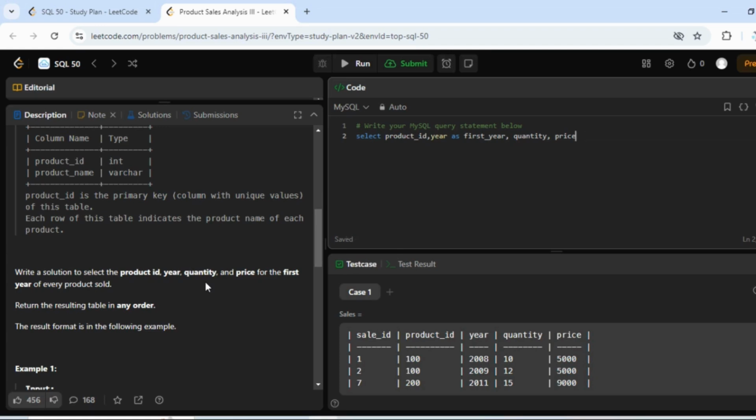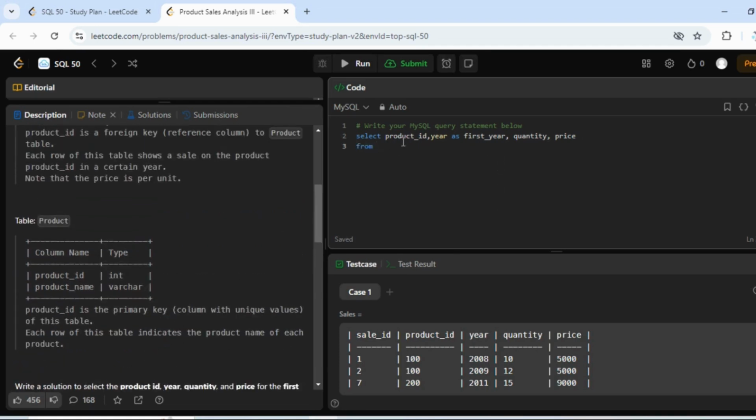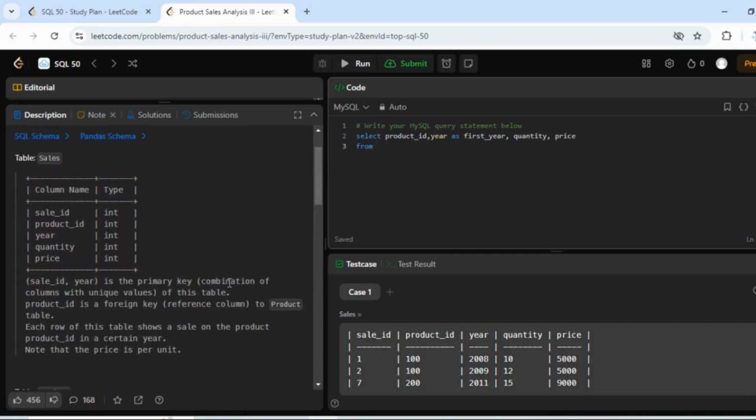These are the things I need to find. Let me write the table from where I need to get them, because these four columns are available in the sales table. Sales table, done.